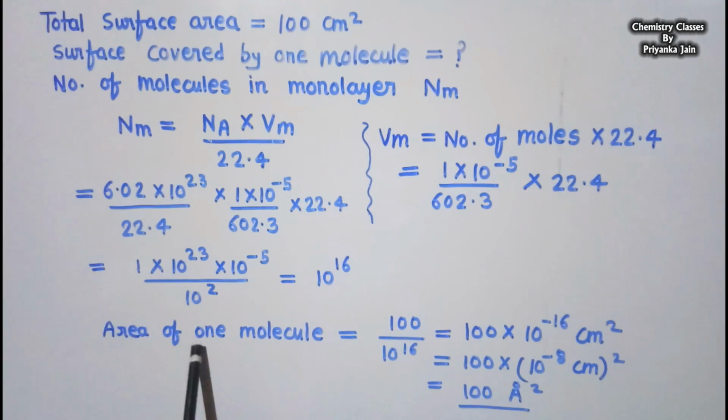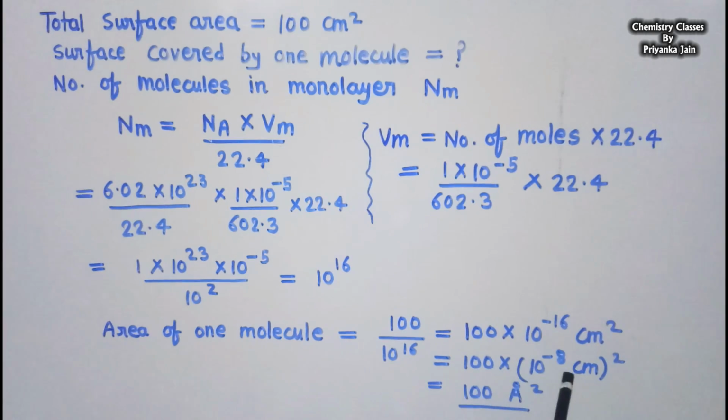So the area covered by one molecule is obtained by dividing the total surface area by the number of molecules. Our equation becomes 100 × 10^-16 centimeter square, which we can write as 100 × 10^-8 centimeter whole square.